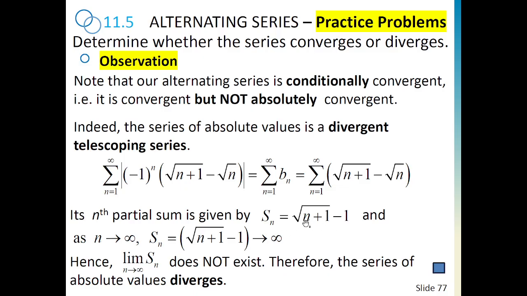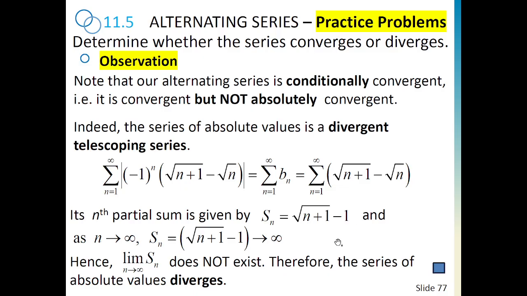What happens when n goes to infinity? Well, we have radical n plus 1 minus 1, so this term here will increase forever. Minus 1 is not going to change much, so this means that the partial sum here is going to plus infinity, which means it's divergent. So the limit does not exist. Since the limit does not exist, it means that the general term does not go to 0.